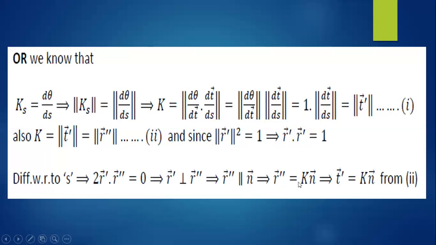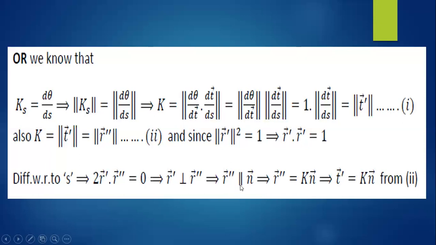So r double prime is equal to kn. Sorry, I was confused here.